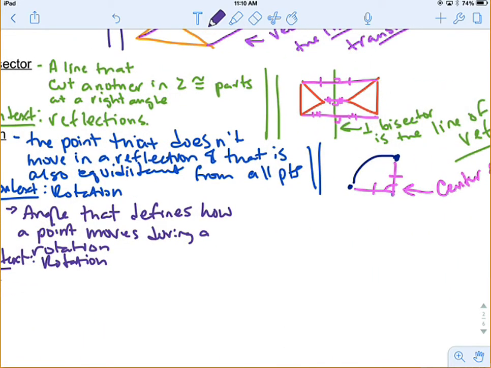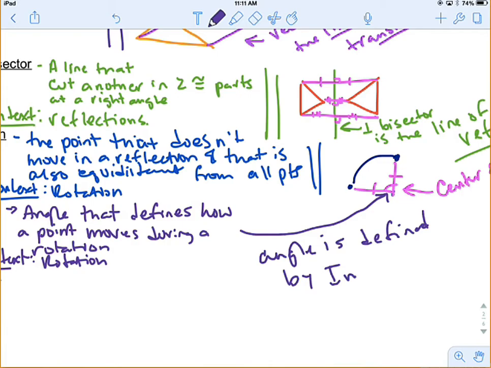I'm not going to draw a new picture, I'm just going to add to my old one. The angle is defined by the image, center, pre-image, which means it's defined through that point, and that point. That's how you find your angle.